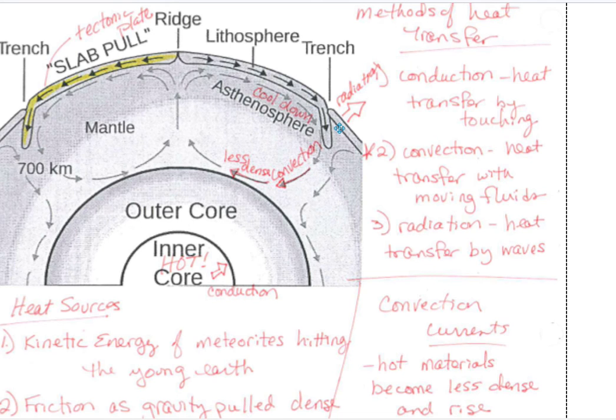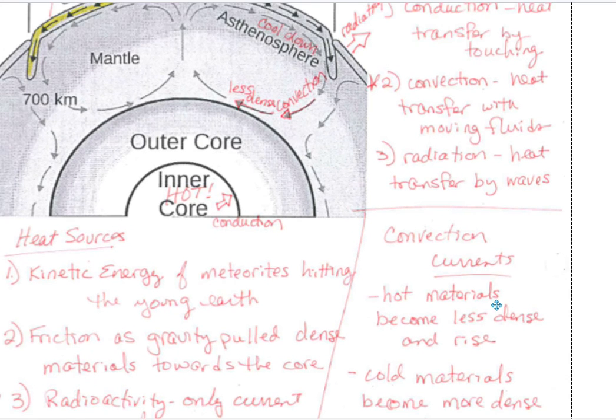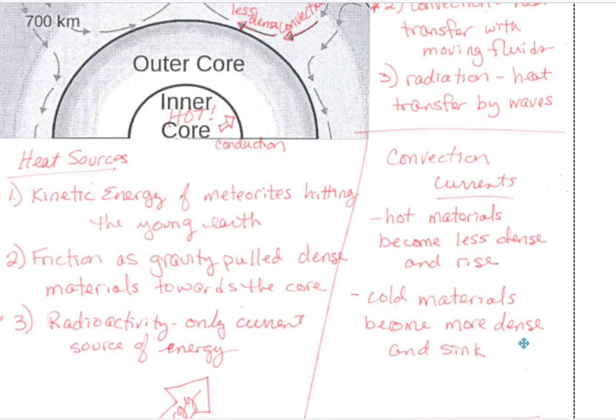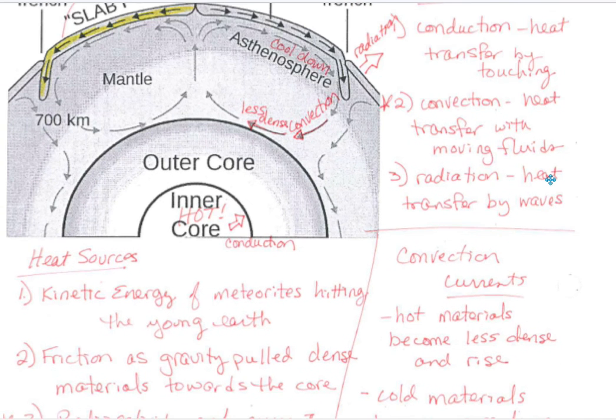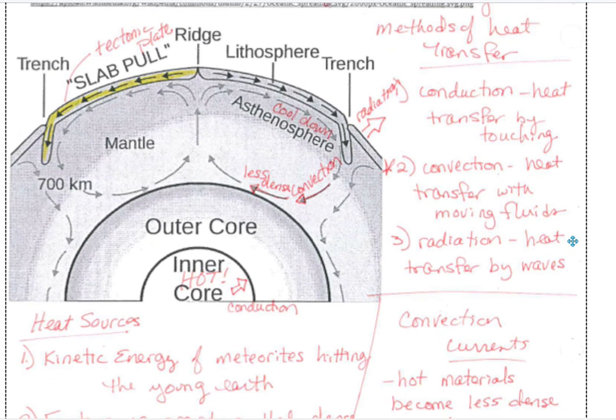They become more dense. Once they become more dense, then they sink down, pick up heat, and go around and around and around again. So cold materials become more dense and sink. These convection currents happen in the Earth, they happen in the atmosphere, they happen in the ocean.